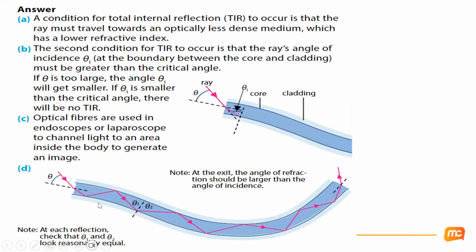And then part D, they just ask you to draw total internal reflection that takes place inside the optical fiber all the way until it exits. You just need to make sure that the angles are almost equal, because for TIR to take place, I must be equal to R. So you just draw multiple TIR all the way until it exits out of the glass cladding.